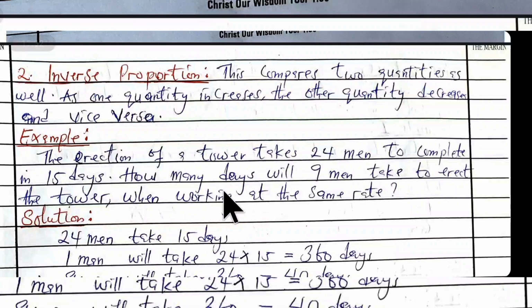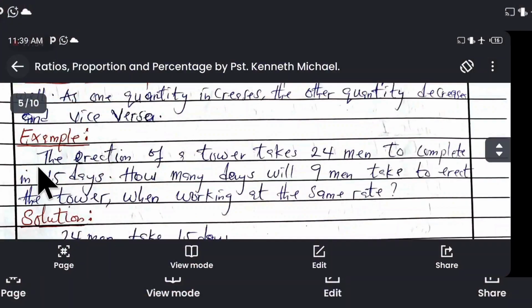So if people are working at the same rate and it took 24 men 15 days, how many days will it take 9 men to finish this kind of building? Okay, now let's look at it.